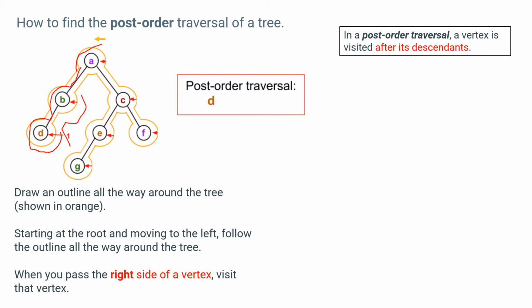Now I'm to the right of B, so I'll visit B. Okay, now I come along. I'm to the left of these, so I don't visit them. C, E, G. I'm to the left, so I'm not going to visit them, but now I'm to the right of G. So G will be visited next. E comes next.